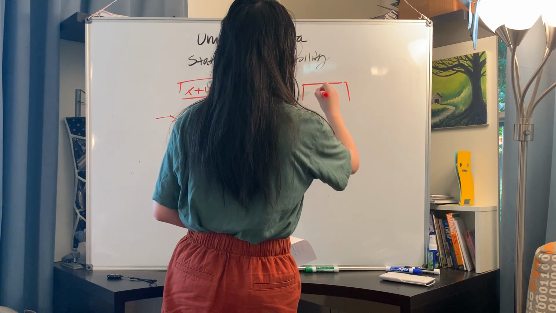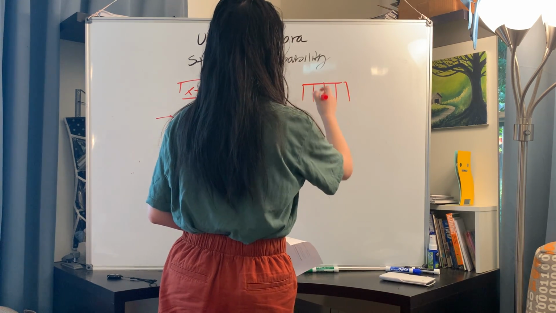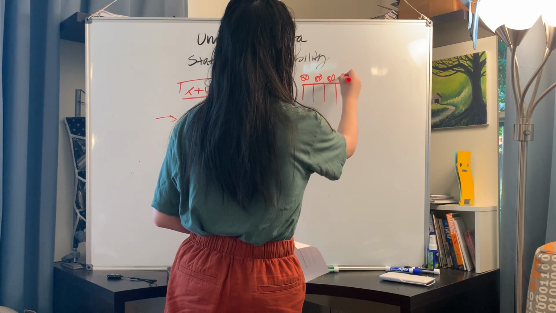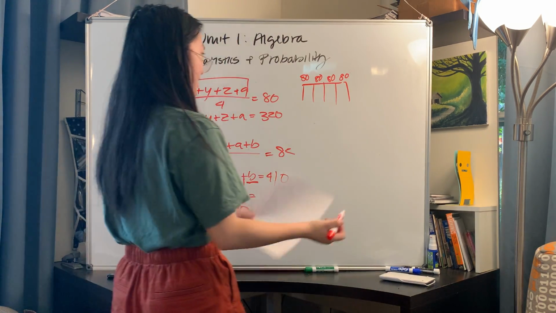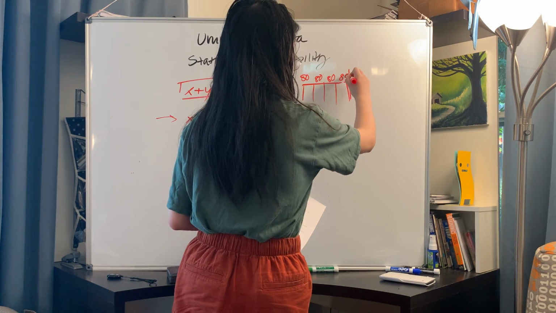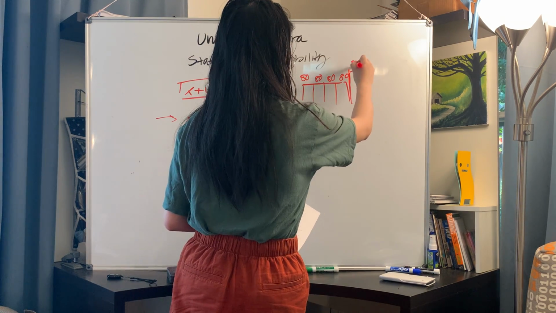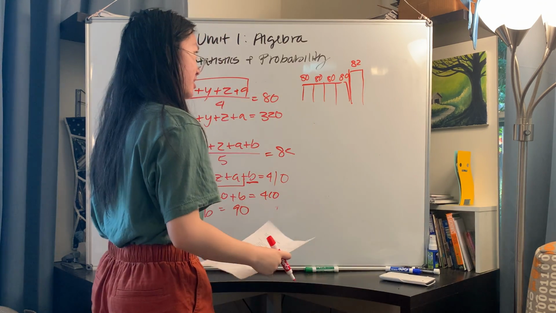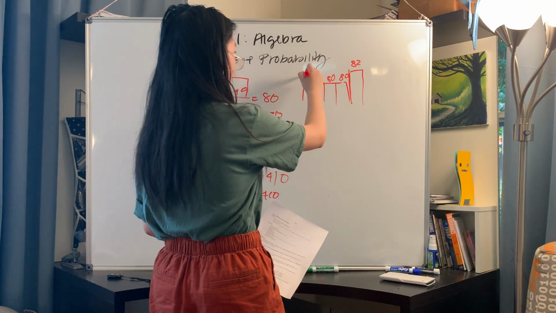So let's just say they're 80 each. And then we have her next test, and we want to get this to 82, but we want to raise the average of all of these too. So you have to raise all of these by 2.